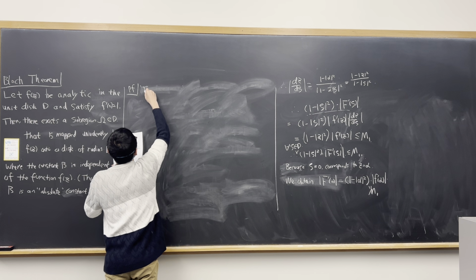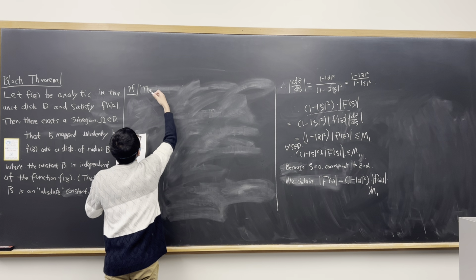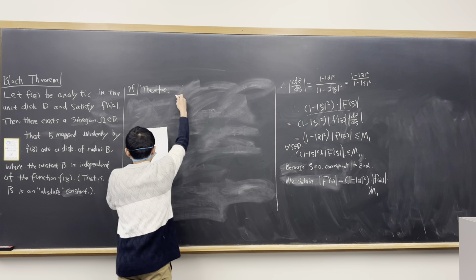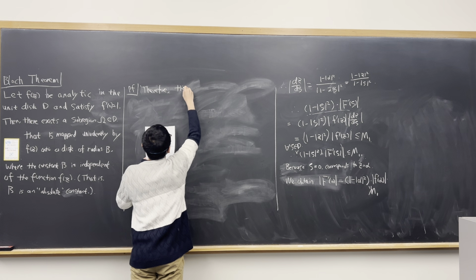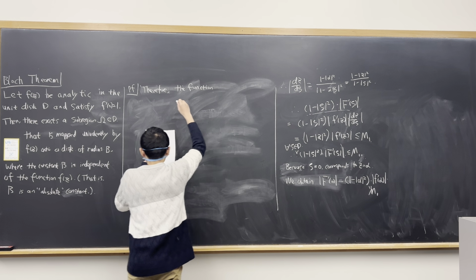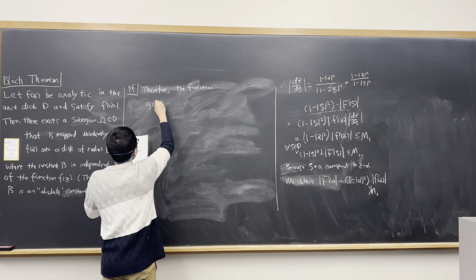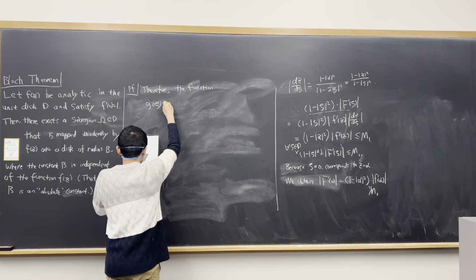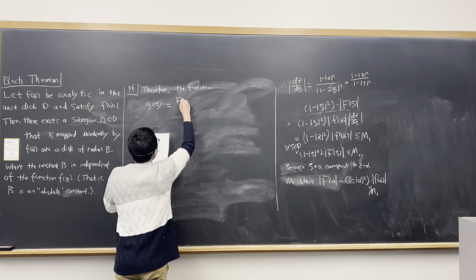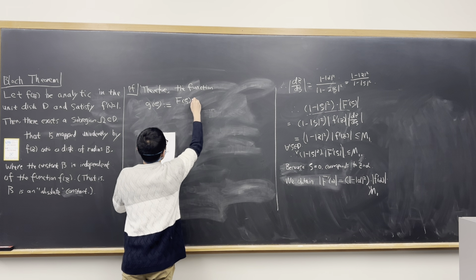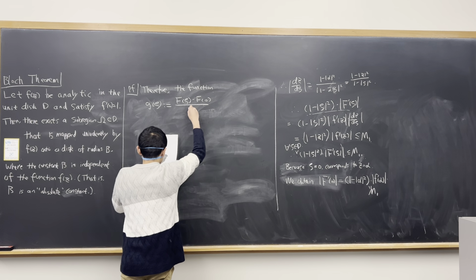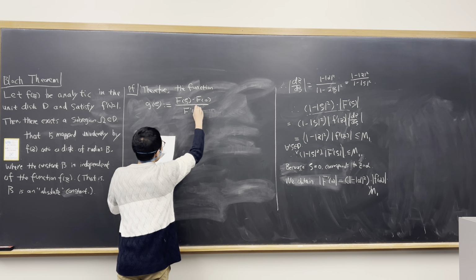Therefore, the function g of zeta is defined as f of zeta minus f of 0 over f prime 0.